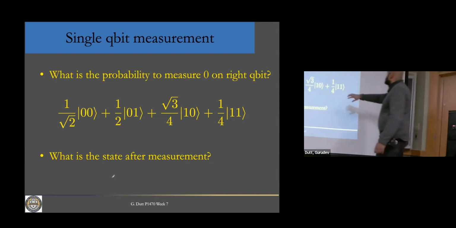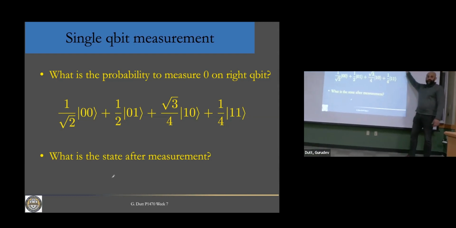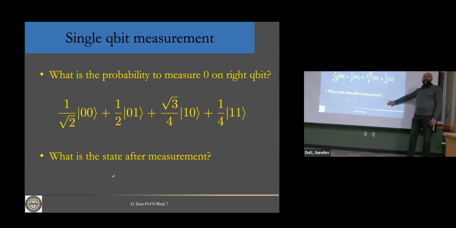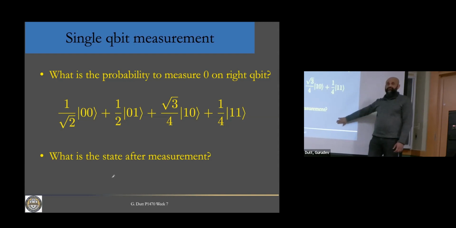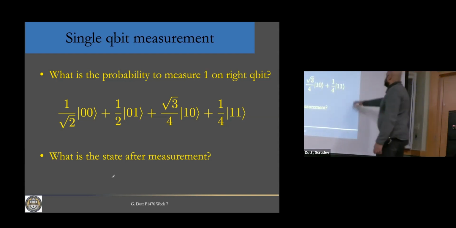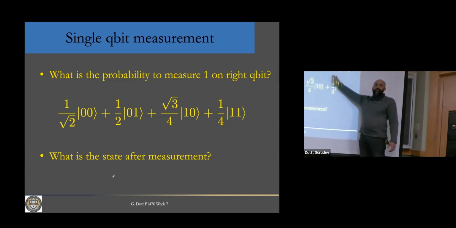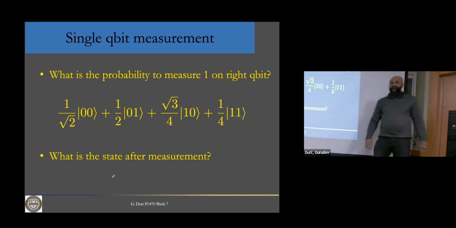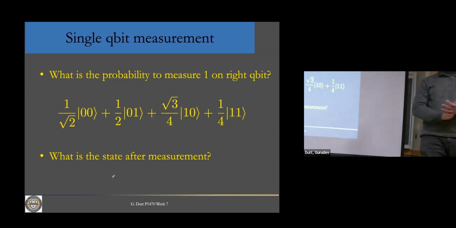Calculate the probability to measure 0 on the right qubit and write down the state after measurement. And also, of course, what is the probability to measure 1 on the right qubit and what is the state after measurement? I encourage you to work this out yourself by hand. Don't cheat and look, and make sure that this all makes sense to you.